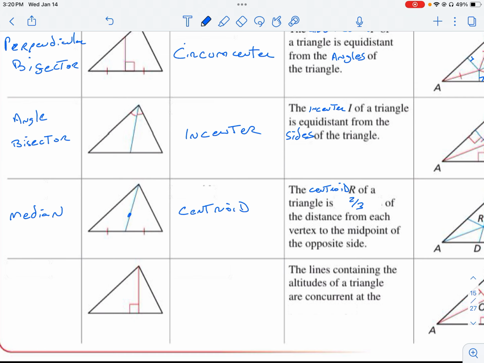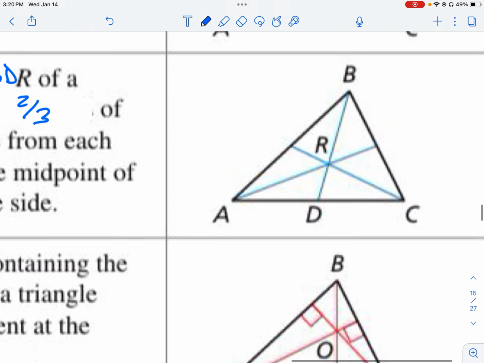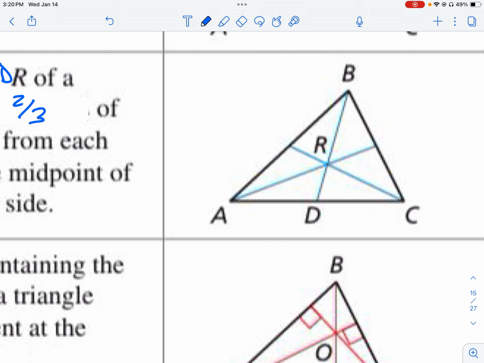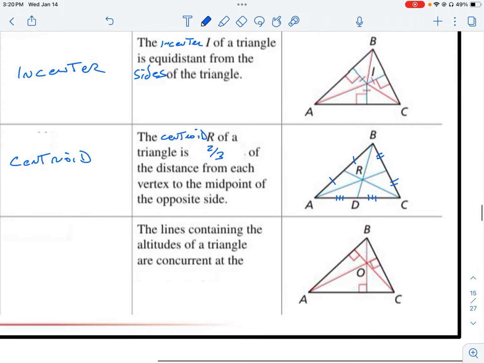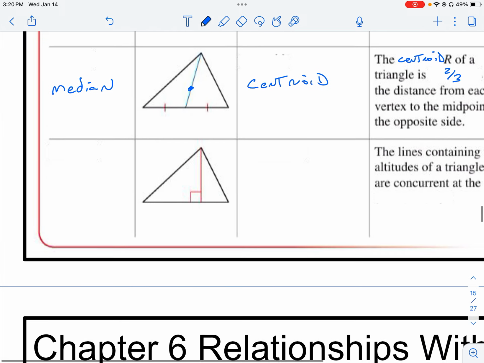So it's going to cut that median into a 2/3 section and a 1/3 section. And how do we know that R is a centroid? Well, this diagram is missing a little information that lets us know that R is a centroid.